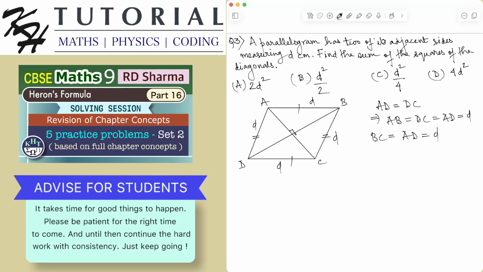Now you must know the concept: what is the relation between the lengths of the two diagonals of a rhombus and the length of each side?